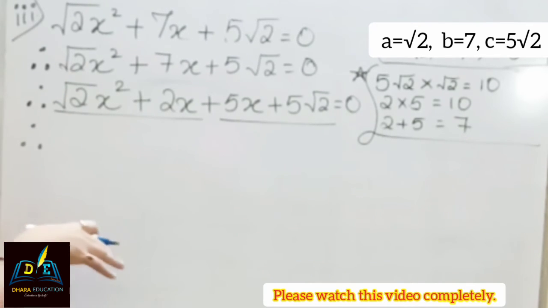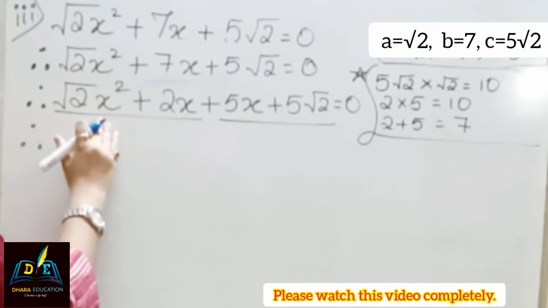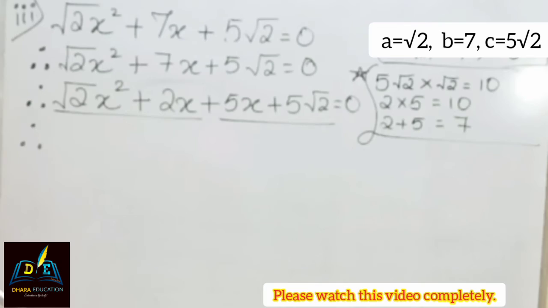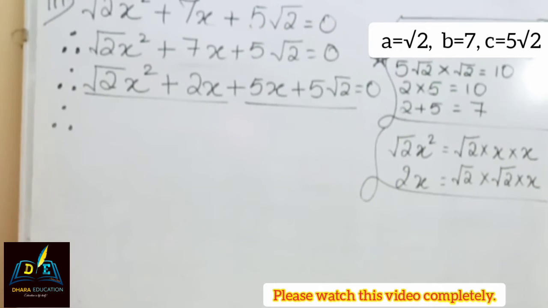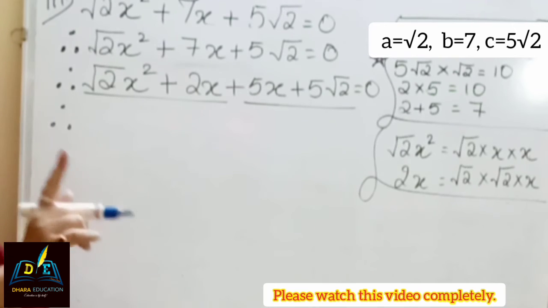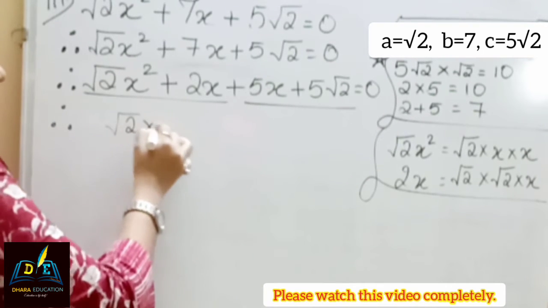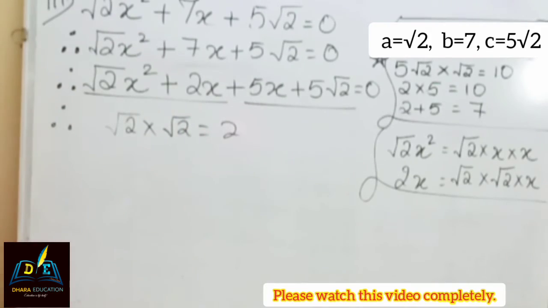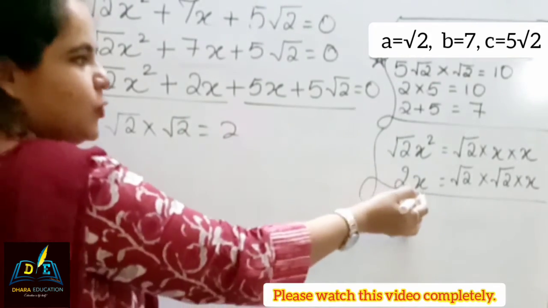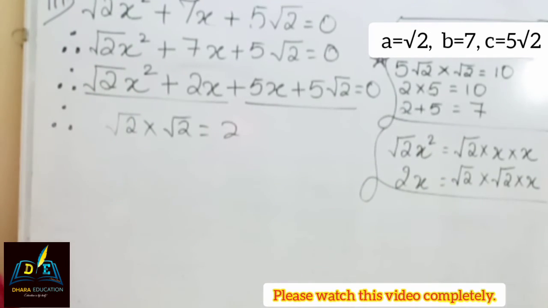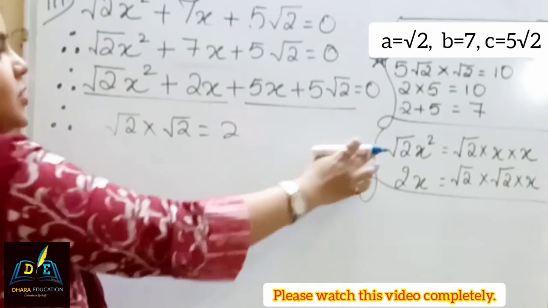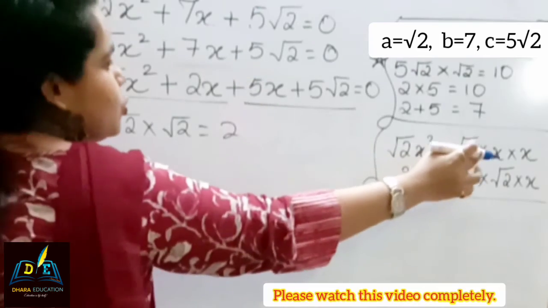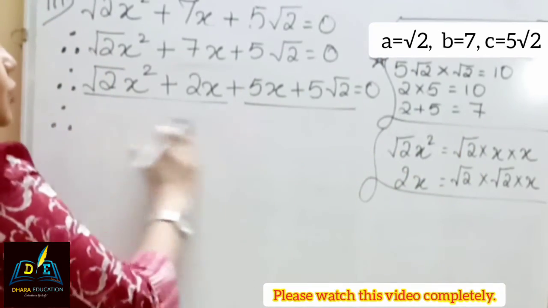But here root 2 is there, root 2x square and plus 2x. Now you need to understand a very nice thing that I told you at the very start of the lecture: root 2 multiplied by root 2 gives you 2. So instead of 2x, I have written root 2 multiplied by root 2 multiplied by x, which gives 2x. And in the first term, root 2x square means root 2 multiplied by x multiplied by x.